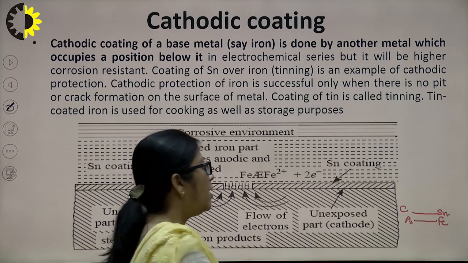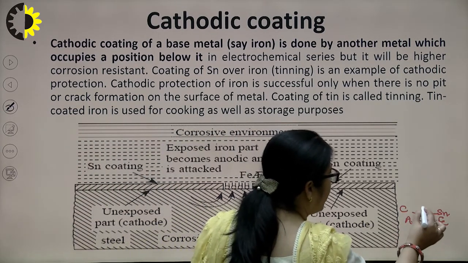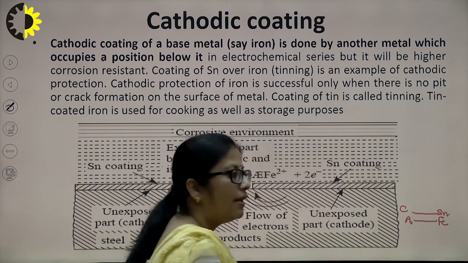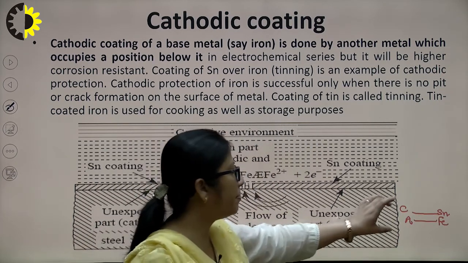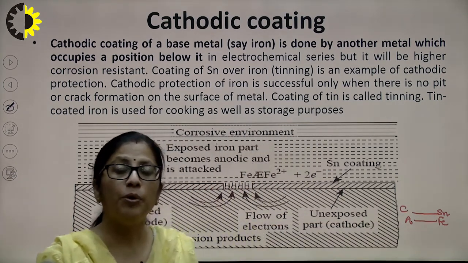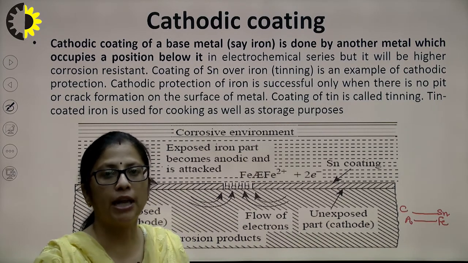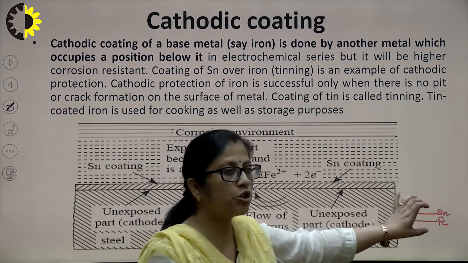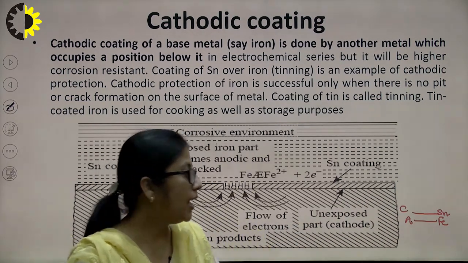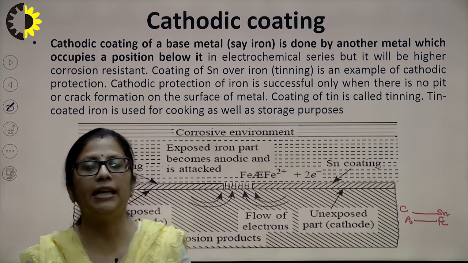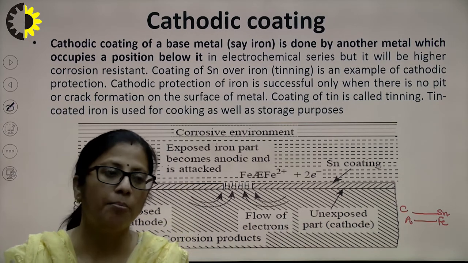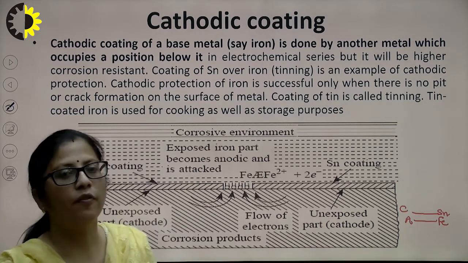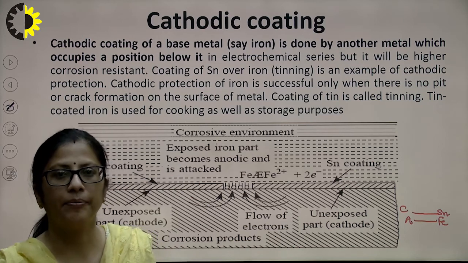But if there is a gap or a break in this tin coating, then already we have prepared a galvanic couple in which the metal which we wanted to protect is more anodic. So, if these coatings are discontinued at any point, then the corrosion of iron will take place at a faster rate, because there is a formation of a galvanic cell.